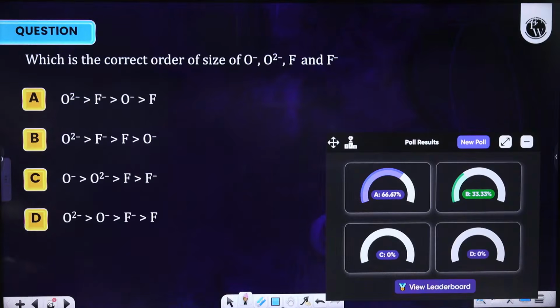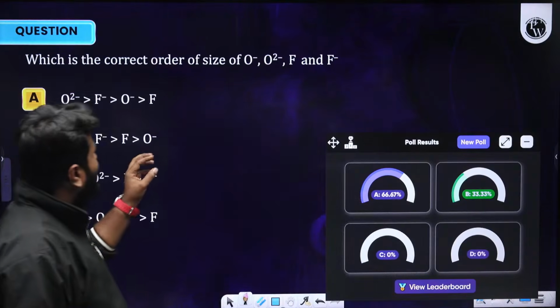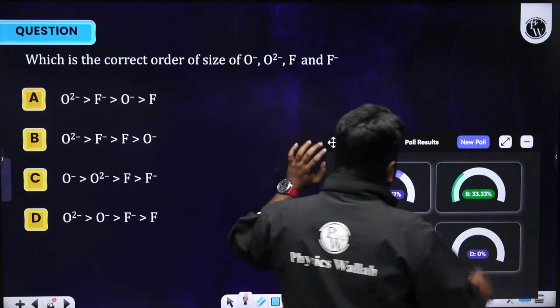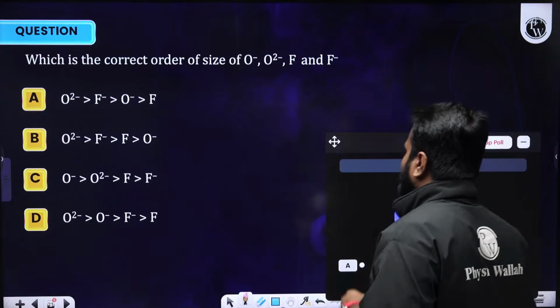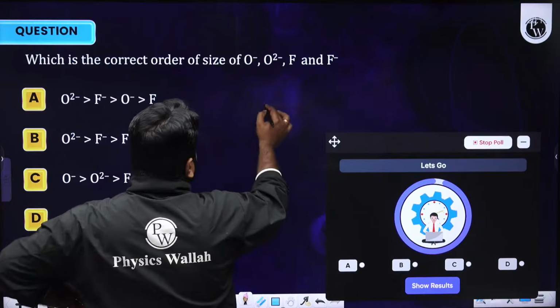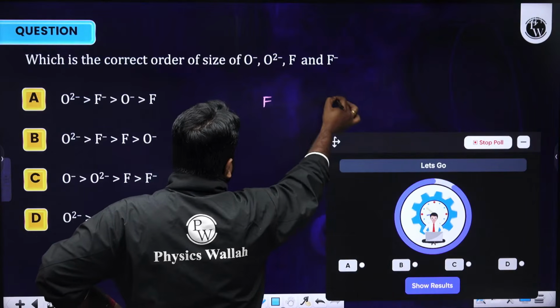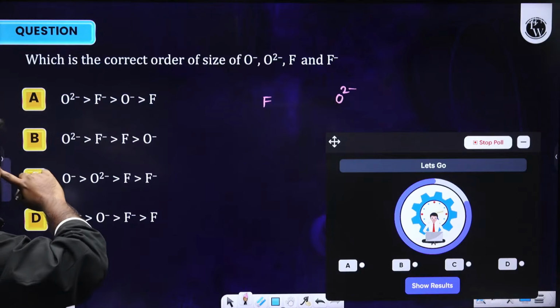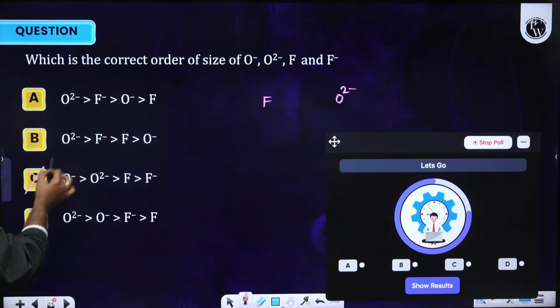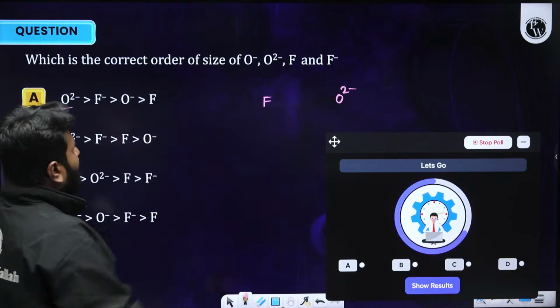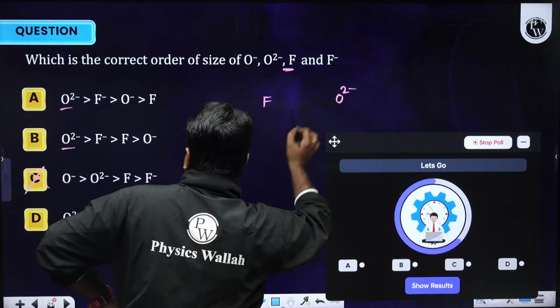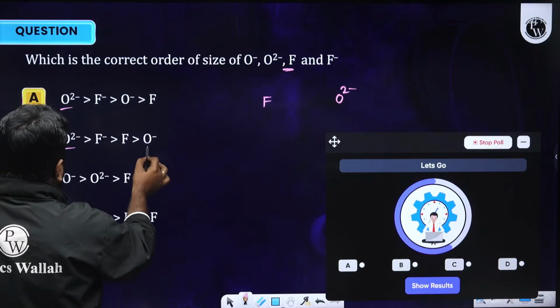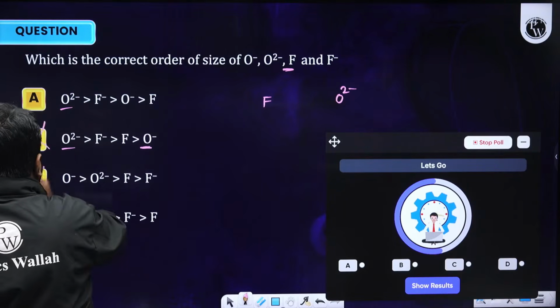Last question for the day. Which is the correct order of size of O minus, O2 minus, F and then F minus? As I told you earlier, neutral atom, then we will be having O2 minus. So O2 minus will be having greater size. After that, neutral atom will be having very least size. So where neutral atom is having very least, here anion dimension. So this is not the answer.